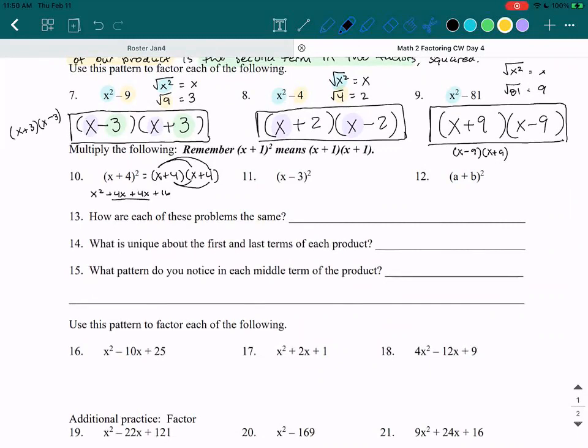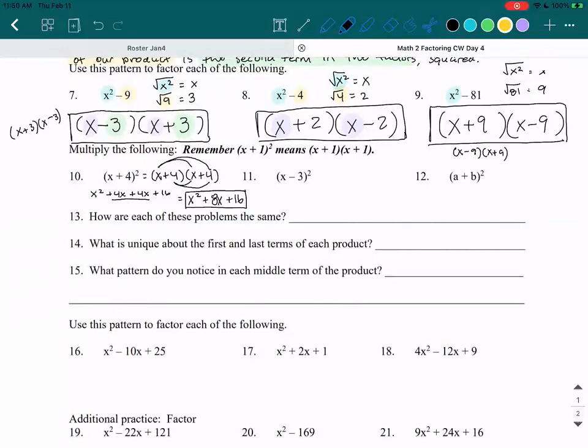We have x squared plus 4x plus 4x, that's going to be 8x. And then plus 16. You can see my writing got skinnier as I realized I don't want to write over into the space of number 11. But yeah, so for number 10, we have x squared plus 8x plus 16.